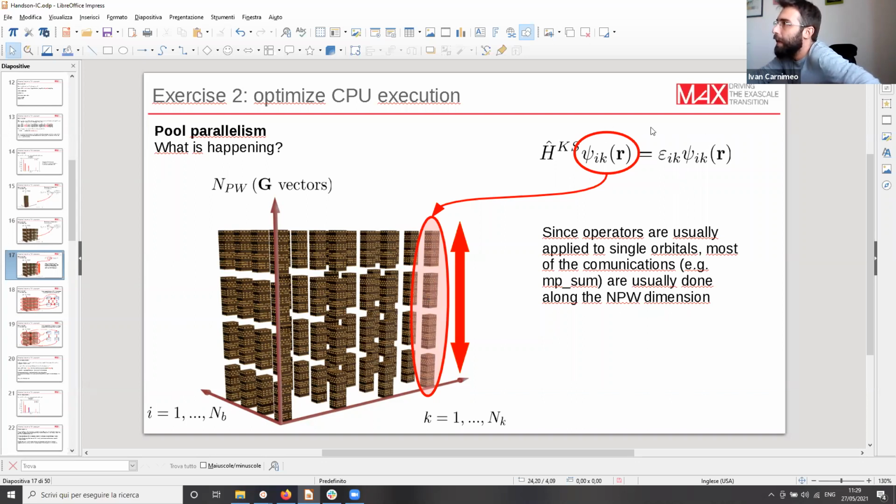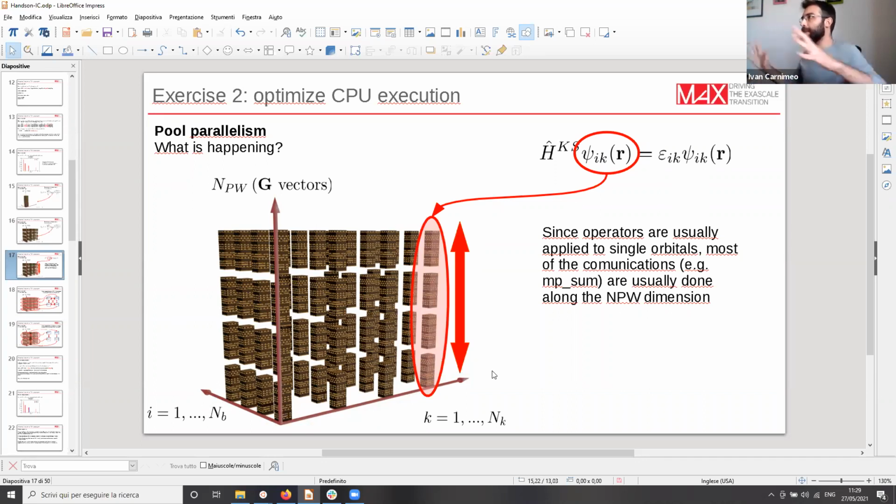But the quantity I want to calculate, like the energy or density, requires me to sum along the plane wave dimension, because the quantities are usually computed on one complete orbital. For this reason, the communications among MPIs are much more along the plane wave dimension than along the other 2 dimensions.